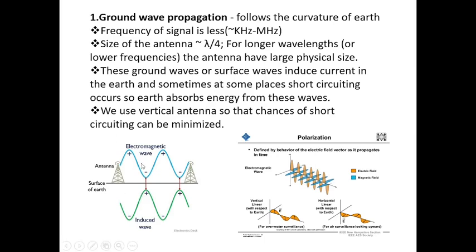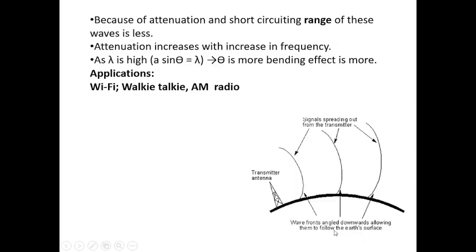Because of the induced charges, the electromagnetic wave gets absorbed by the earth. So for AM broadcasting, we use vertical antennas instead of horizontal. Horizontal antenna means that the electric field is parallel to the earth surface. So this is a vertical antenna and this is a horizontal antenna.